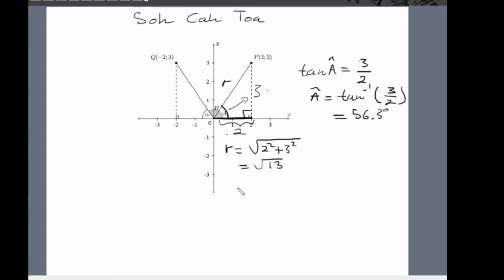So now when you say sine A, it is opposite over hypotenuse. The opposite side is 3. The hypotenuse is the square root of 13.